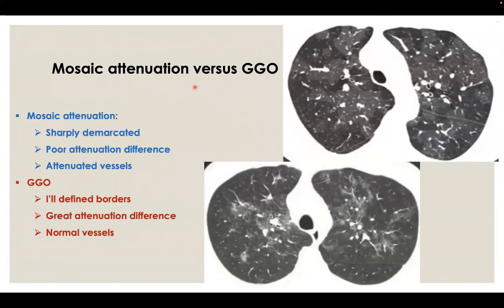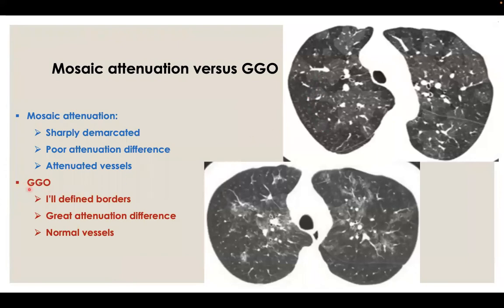Someone can ask how I differentiate between mosaic attenuation and, if not, the abnormality or the pathology being just GGO, ground glass density. There is a way to differentiate between them. In case of mosaic attenuation, there is sharp demarcation between the normal lung and the low density areas, and there is poor attenuation difference between them, and the vessels are attenuated.